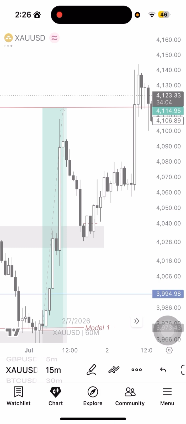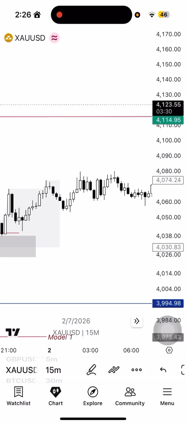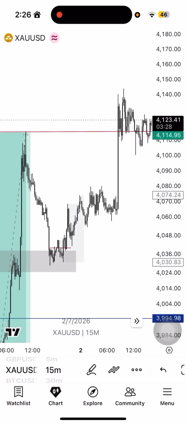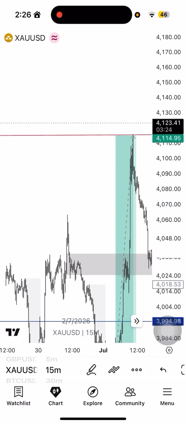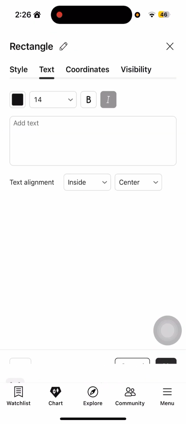So on the 15-minute time frame, you can see this is our breaker block.